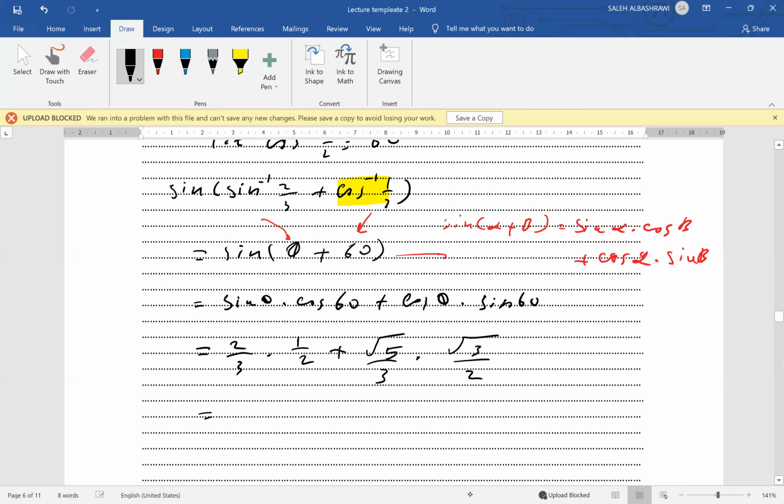So I will have 2 over 6 plus square root of 15 all divided by 6. So it is 2 multiplied by 1 equal to 2, and square root of 5 multiplied by square root of 3 equal to square root of 15, divided by 3 multiplied by 2, which is equal to 6. So it is 2 plus square root of 15 divided by 6.